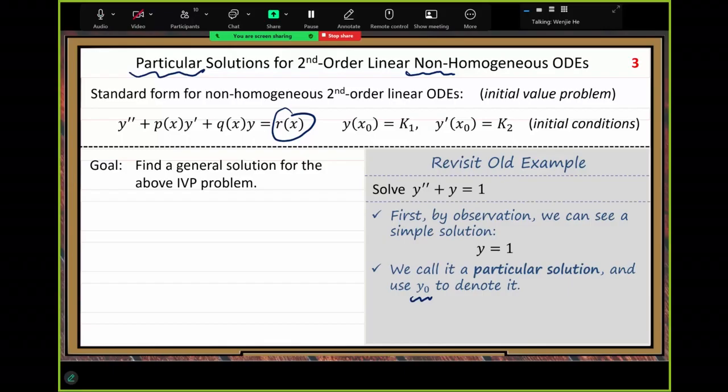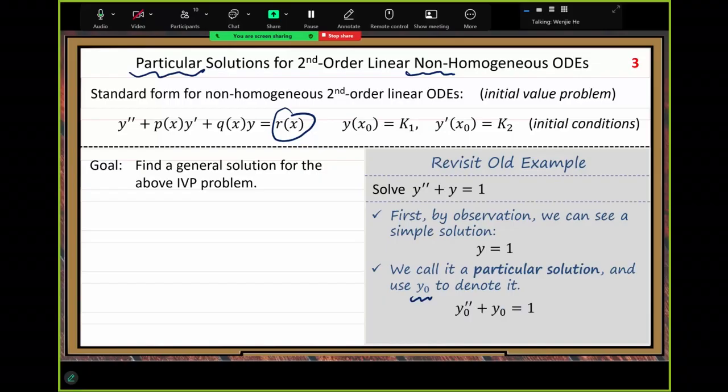You only need one particular solution. Here we find the simplest one, y0 equals 1. The next thing is how to use this particular solution to give us more solutions.